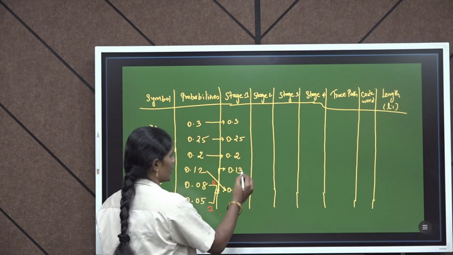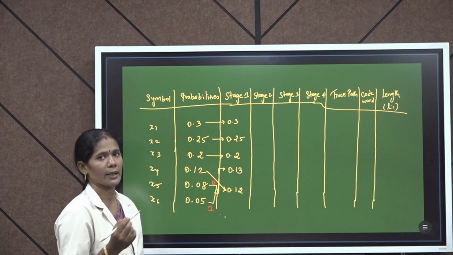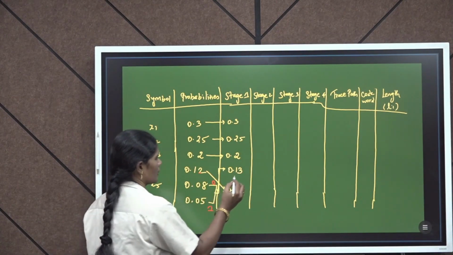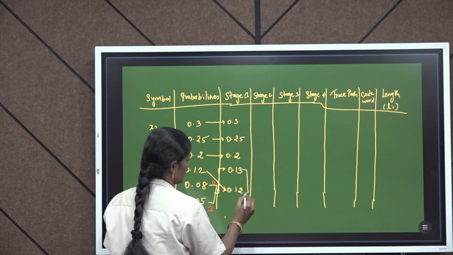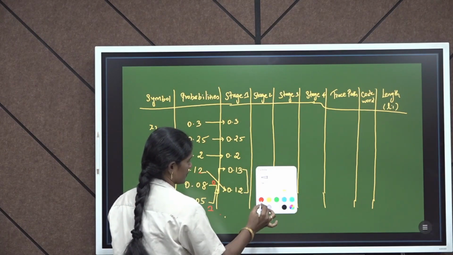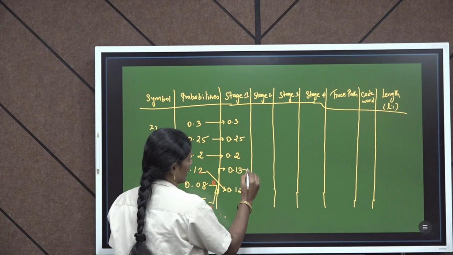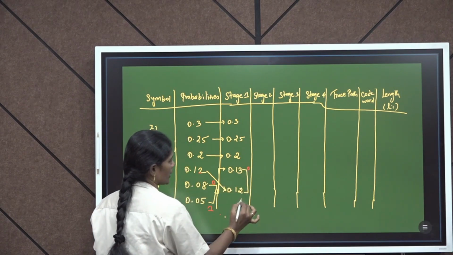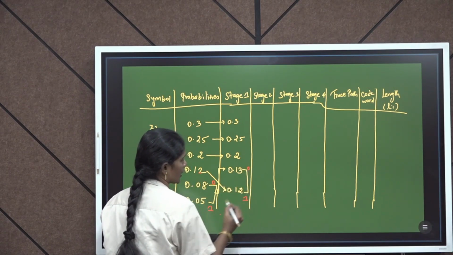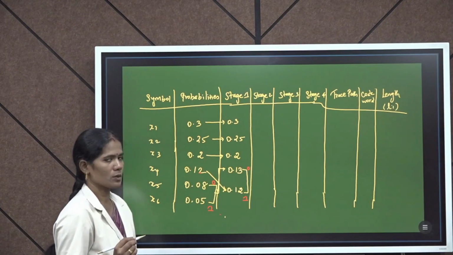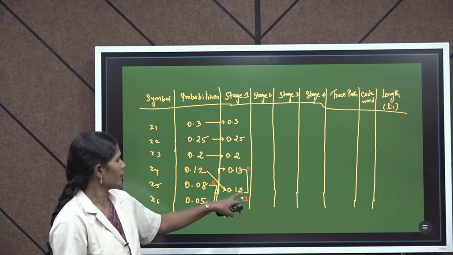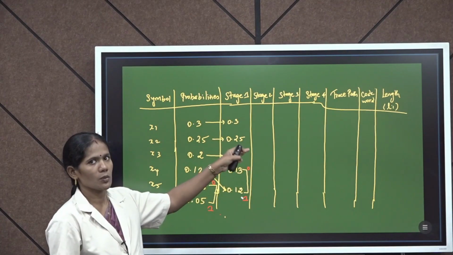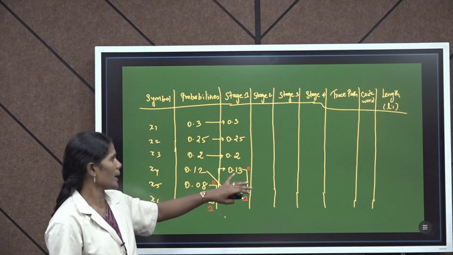Next, again add the last two symbols by assigning binary bits 0 and 1. Assigning 0 to the 0.13 and 1 to the 0.12. So, add these two symbols. This result 0.25 will be placed in stage 2 based on the descending order of probability.